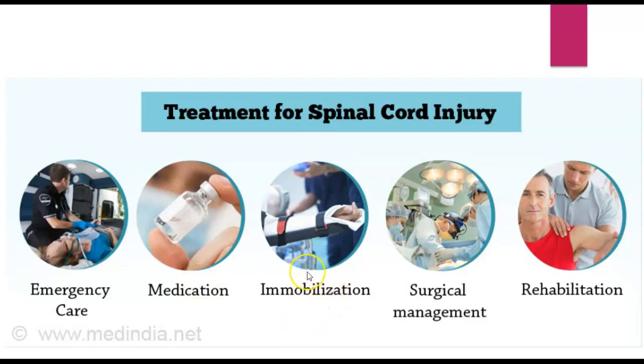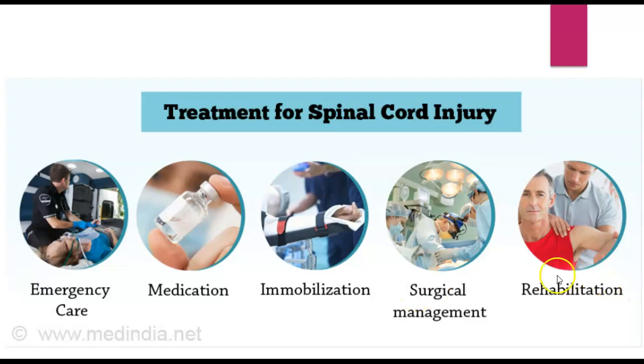We talked a little bit about the immobilization that's done. Then there's surgical management, where you can actually see hardware placed to keep that spinal cord alignment. In rehab, we want to make sure that we're helping with deep breathing exercises. They might need chest physiotherapy. We talked about the special beds, anti-embolism stockings or SCDs, range of motion, turning frequently, and keeping skin clean and dry.